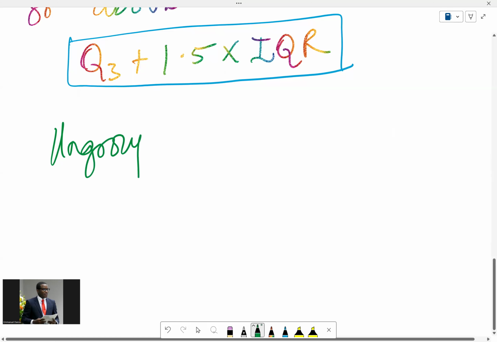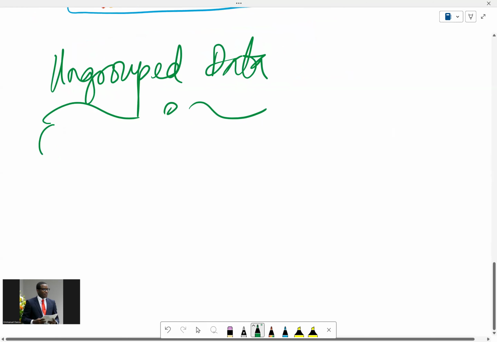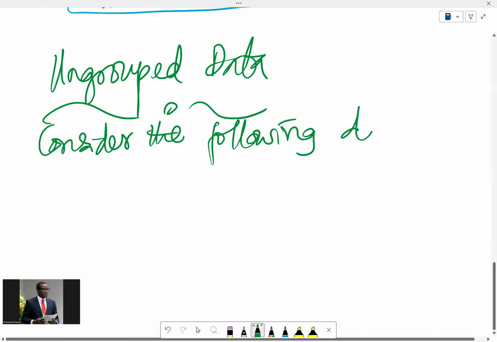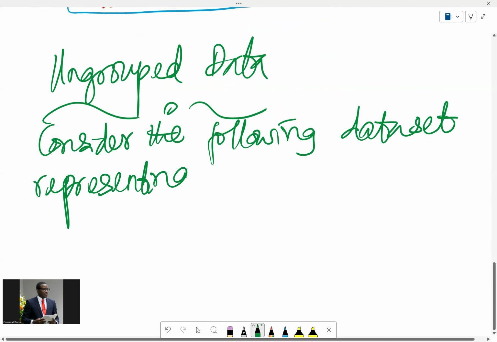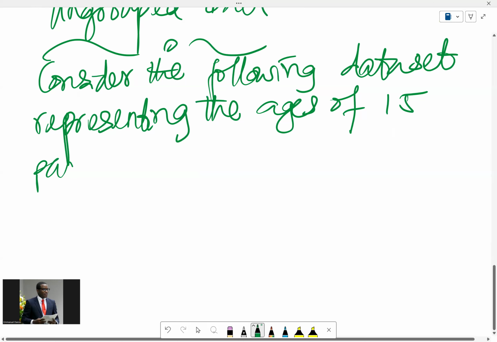Consider the following data set representing the ages of 15 participants in a survey.